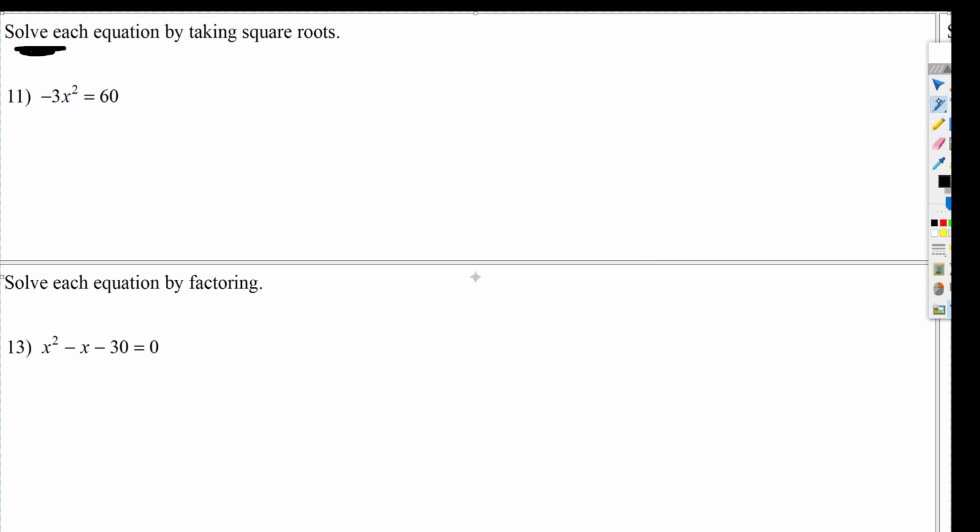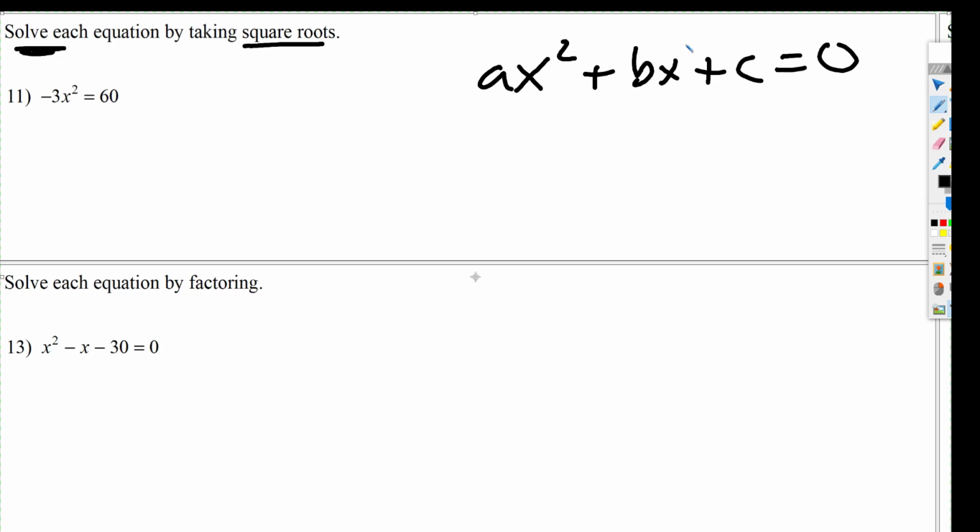All right, so the first method is the square root method, and that's when you normally have ax squared plus bx plus c equal to 0. Notice an x to the first power and x to the second power. You can use the square root method anytime there's only a squared term.